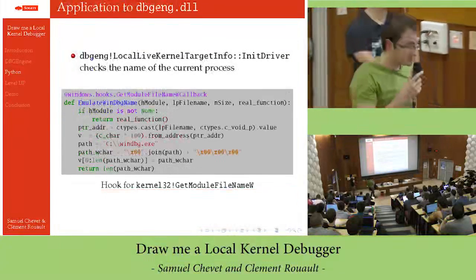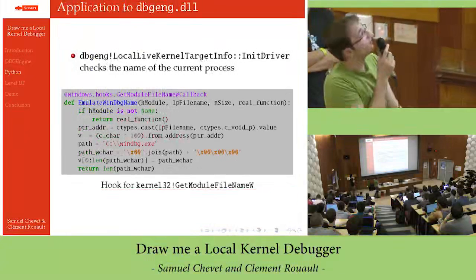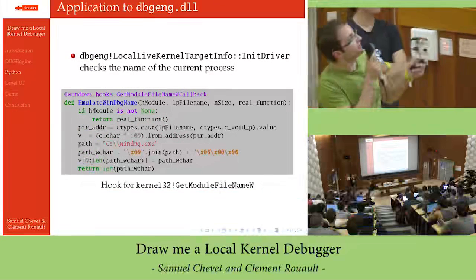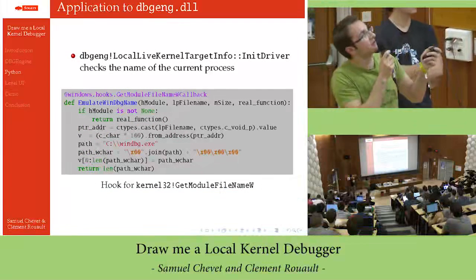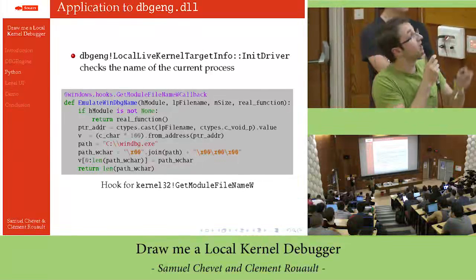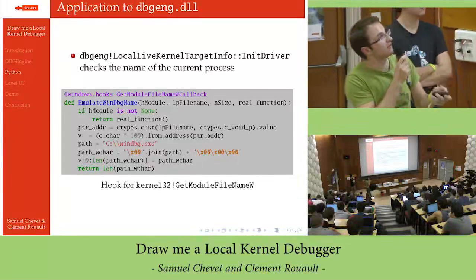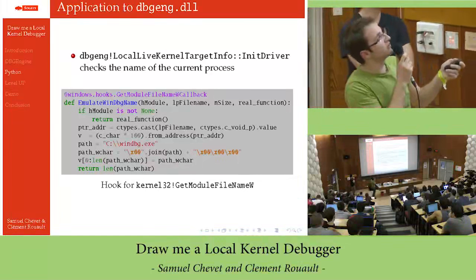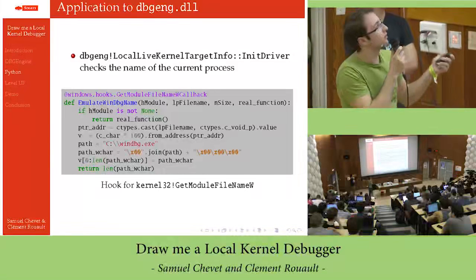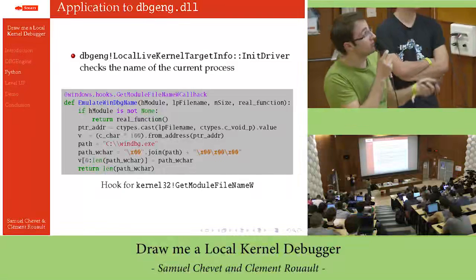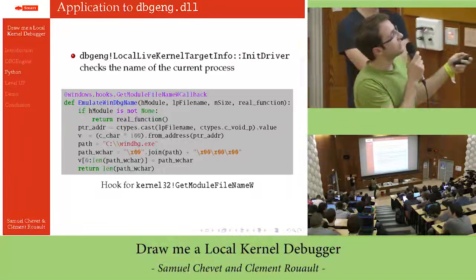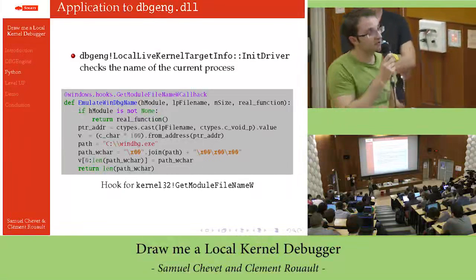So what is the application to dbgengine.dll? We see that the local live kernel target init driver checks the name of the current process. So we will hook GetModuleFileName with our emulated WinDBG name. And if the hModule is not known, we call the real function.